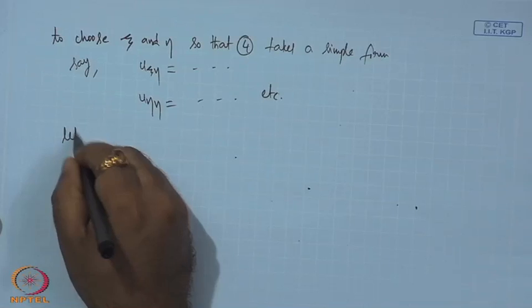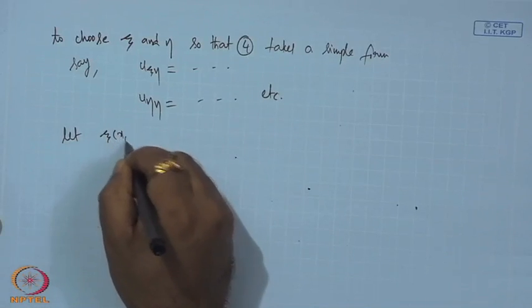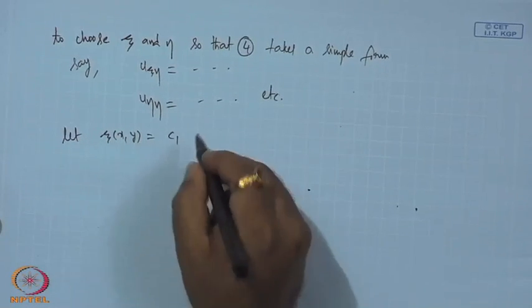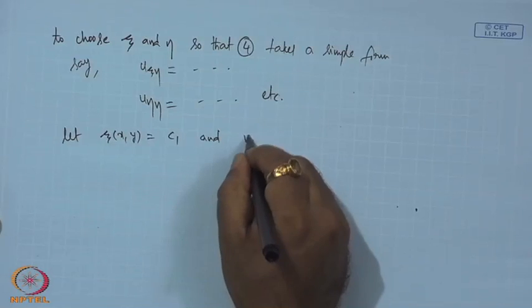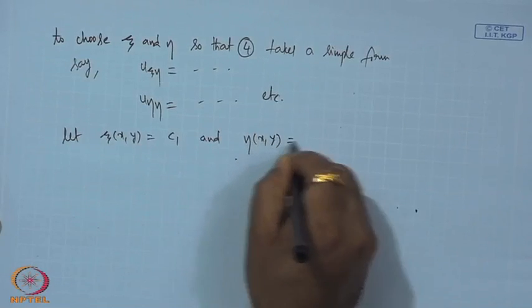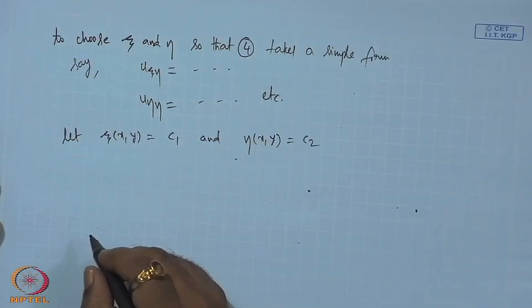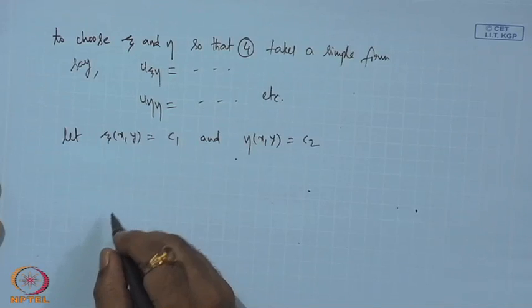So let zeta of xy equal c1 and eta of xy equal c2.